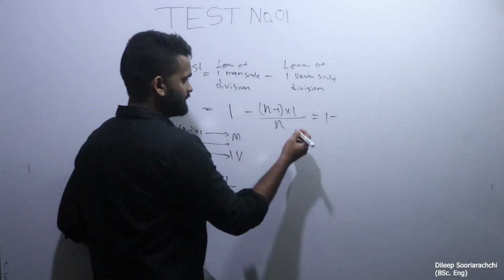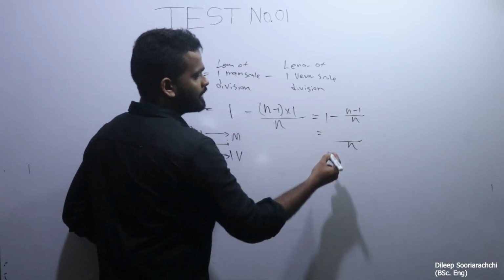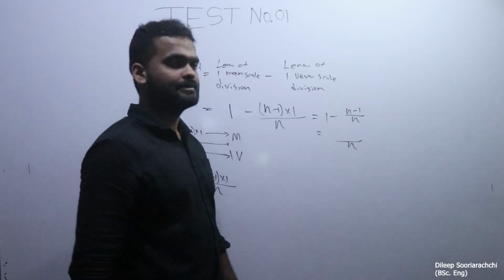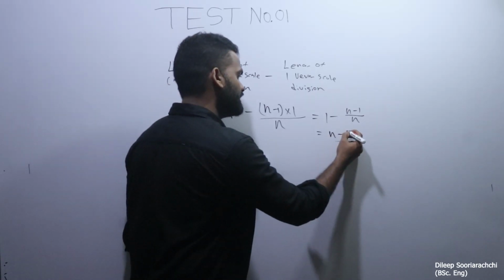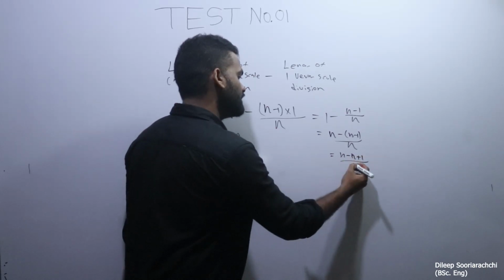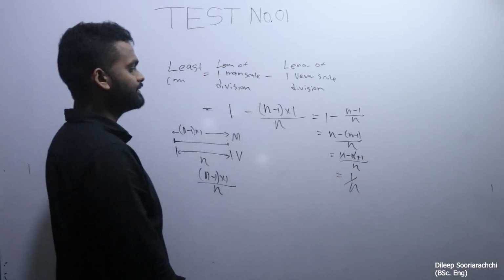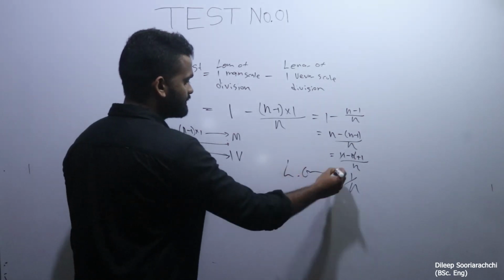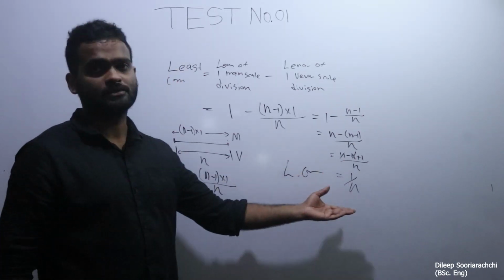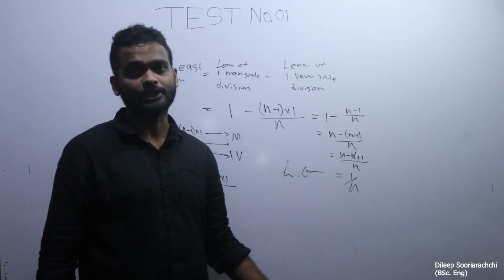So it is 1 minus n minus 1 divided by n. Common denominator is simply n. n minus n plus 1, divided by simply n. So this is going to be 1 over n. So this is the least count of the Vernier caliper. That is the measuring instrument.